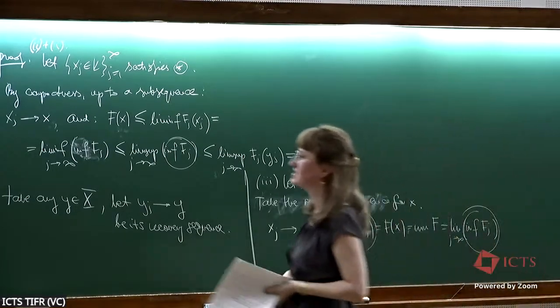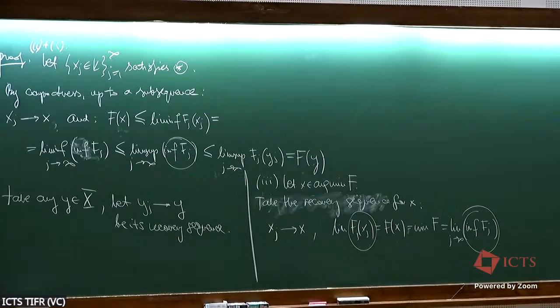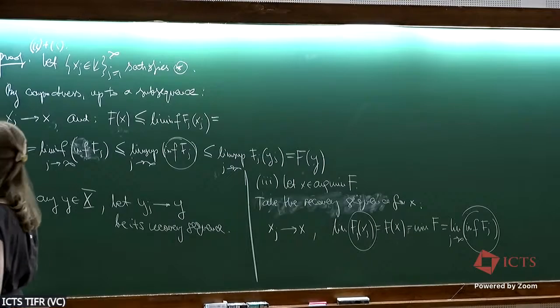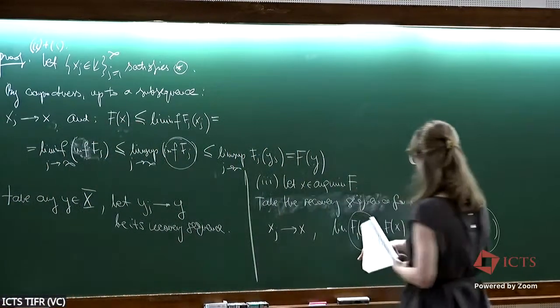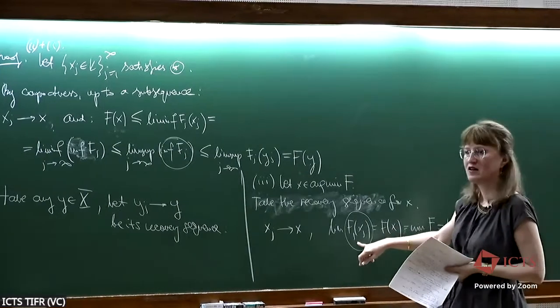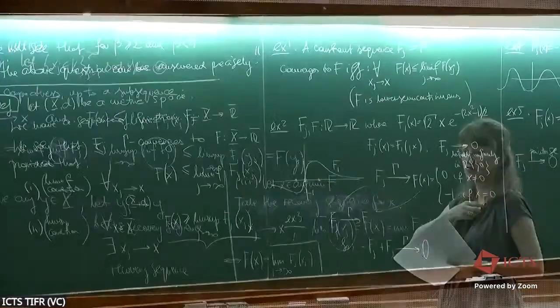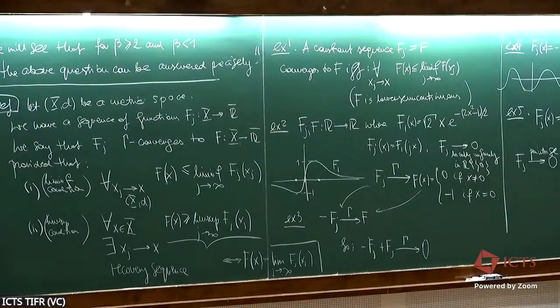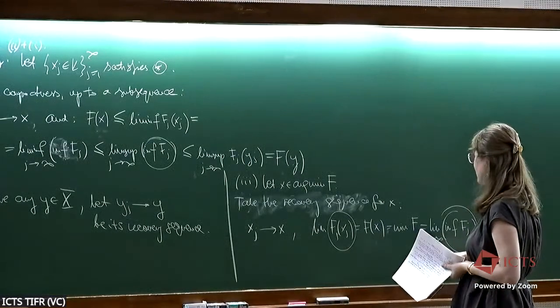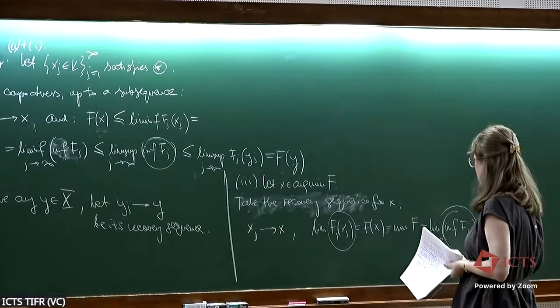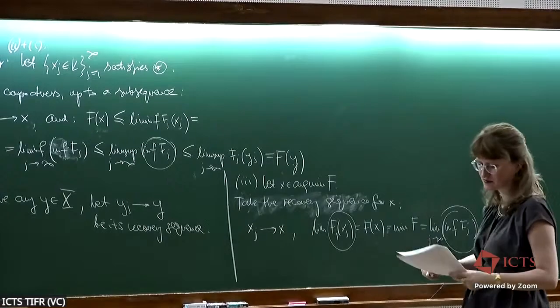Okay? And that's exactly what's written in point 3 here. If I take a minimizer of f, then when I take its recovery sequence, Fj of xj differs from the infimum of Fj by something which goes to 0, which is exactly the property 3. So we are done with it.